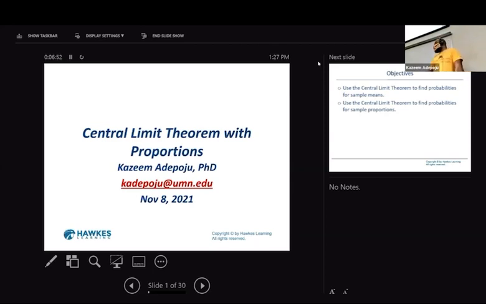Another parameter could be that I want to investigate how many people in a particular country approve the job the president is doing. Of course, in that situation, the parameter is a proportion. So the focus today is going to be on proportions.